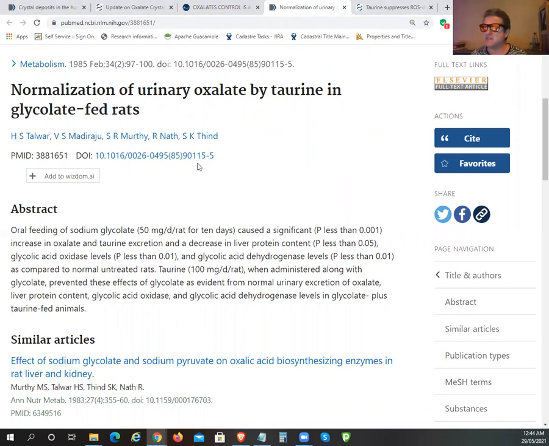And remember, this is glycolate. Just because they've attached it to sodium, sodium isn't the problem. Okay, let's just get that out of your little strange heads, because sodium is essential for your blood and all that. They've just combined it. Okay, we're talking about glycolic acid. That's what we're talking about.